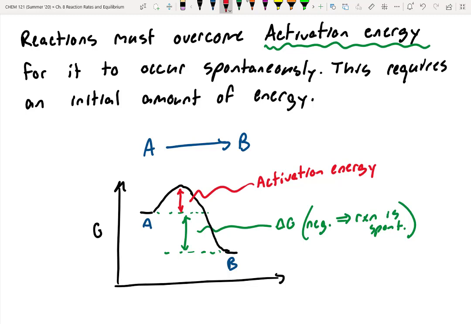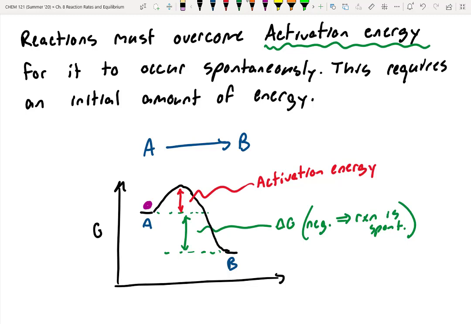So let's imagine we're stuck in this little well right here. If we don't have enough energy to get over this hill, the reaction's not going to even occur, right? We have to have enough total Gibbs free energy available to actually crest that hill, and then the reaction will be spontaneous. So it is important to remember that we have this energetic barrier.